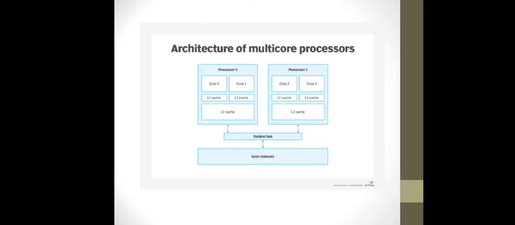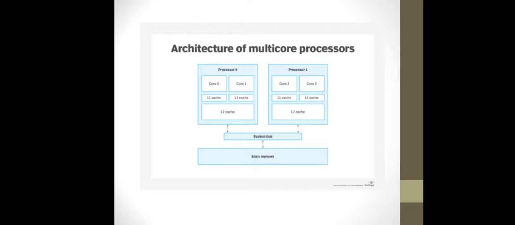Here is the picture of architecture of multi-core processors. There are processor 0 and processor 1 which are connected to the system bus, and the system bus is connected to the main memory. In processor 0 there are two cores, core 0 and core 1.